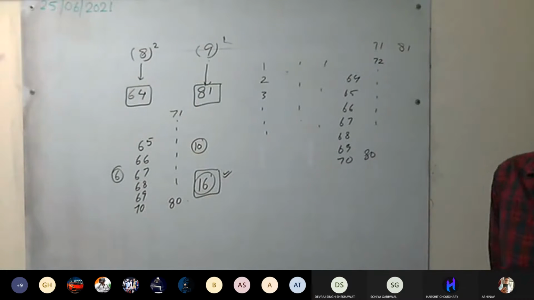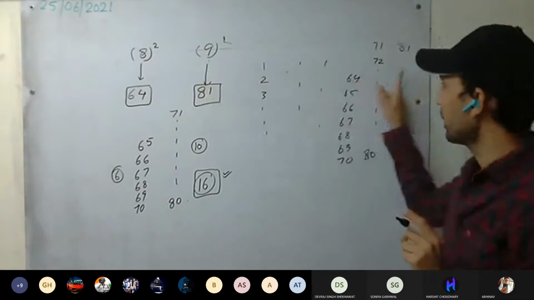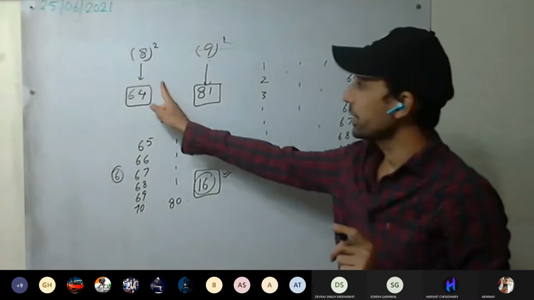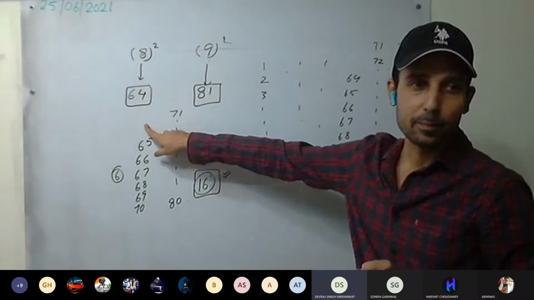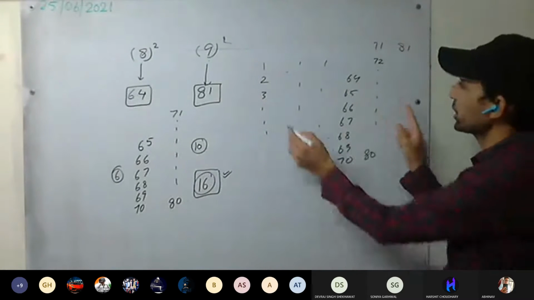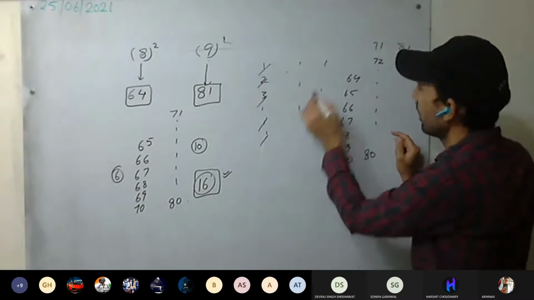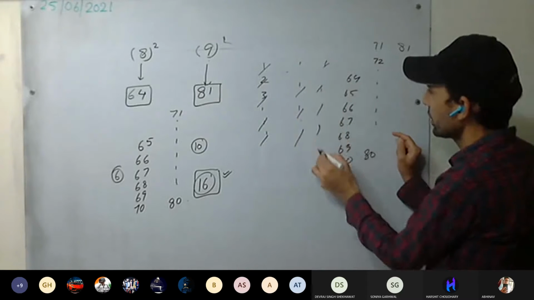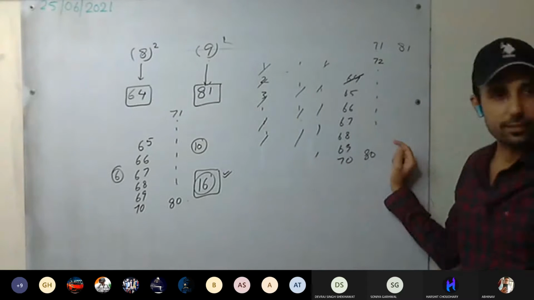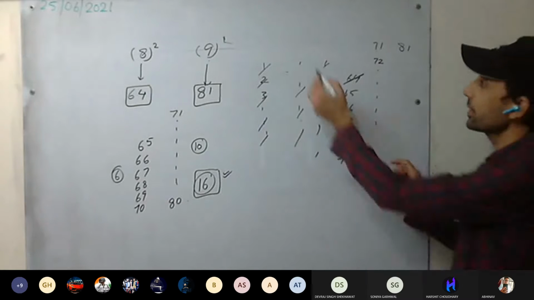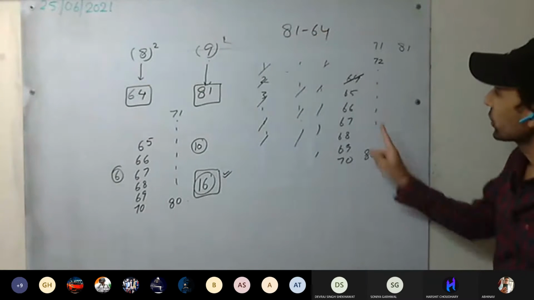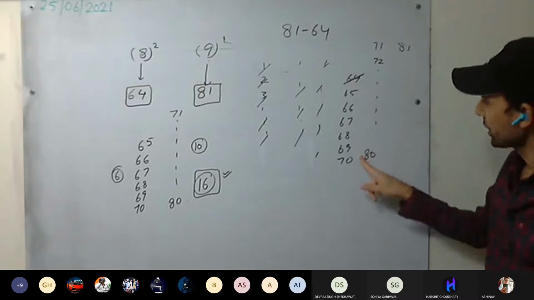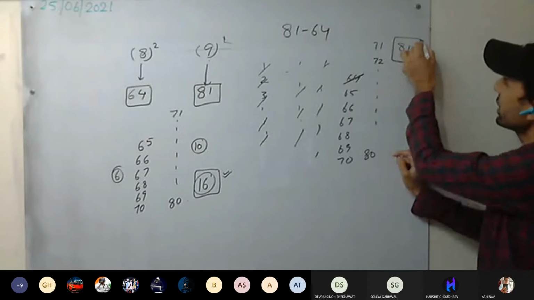We have written the first 81 numbers. Now from this we have to cancel 64, the way we used to do in smaller classes. Up to 64 we cancel. Okay, this is 81 minus 64. So see here, 64 we cancel, 65 we start, and 81 is included.